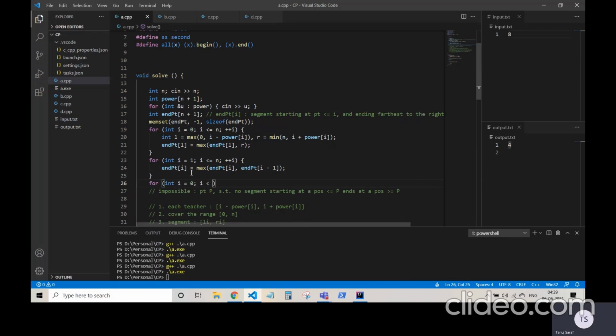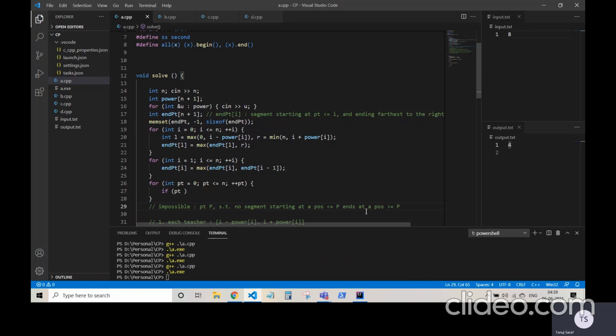Now we check if the answer is impossible. So we go over each point. In the definition of endpoint I have already included the fact that the segment is starting at a position less than or equal to P, right?